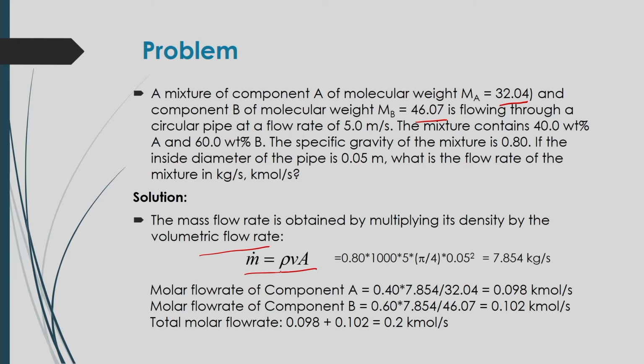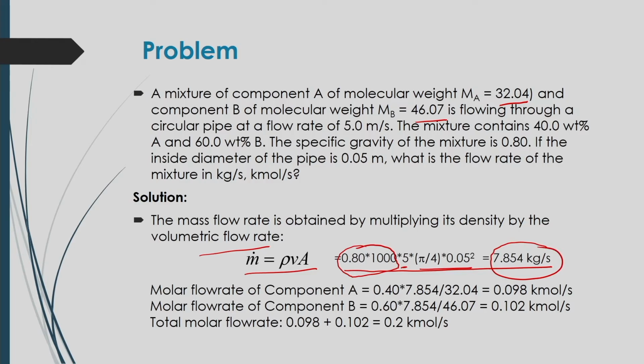So, you can calculate it like this: m dot will be equal to rho V A. Rho is given here to you as 0.80 into 1000. V is given in meter per second, the mixture velocity is 5 meter per second, and the cross sectional area is given to you. From this you can get the mass flow rate as 7.854 kg per second.